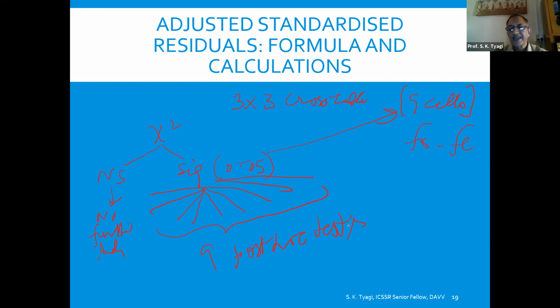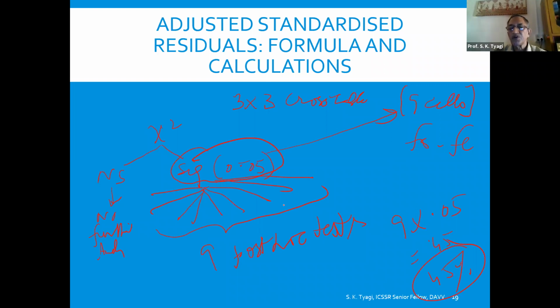So there are chances that some of the null hypotheses will be rejected just because of sampling fluctuation or just because of chance. Because the alpha error, which is 5% in a single test, in 9 tests becomes 9 into 0.05, that is 0.45, 45%. Error is multiplied by the number of tests you are performing.